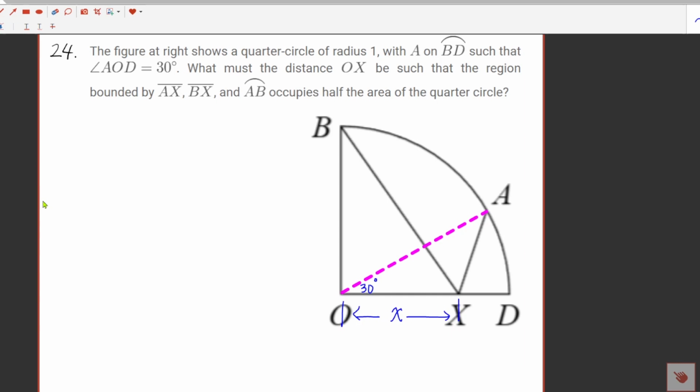To find the area of the region bound by AX, XD, and arc AD, we subtract AOX from the area of sector AOD.